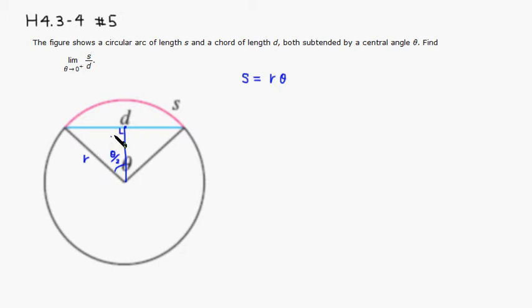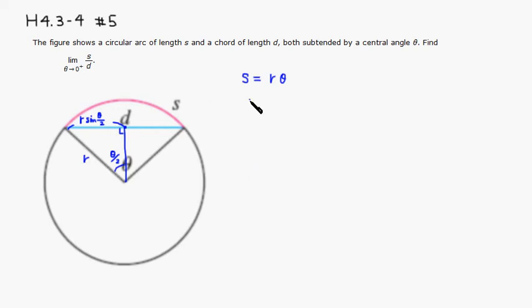So if you want to find the half of D, from here to the midpoint, we can simply multiply R times sine of theta over 2. Using the trig ratio, R times sine will give you that.